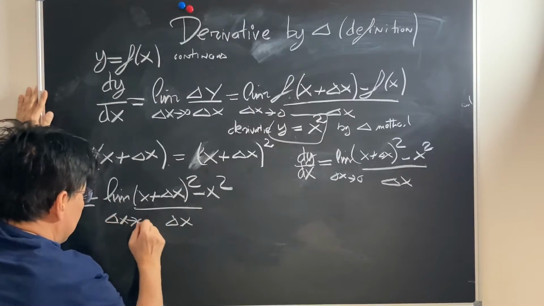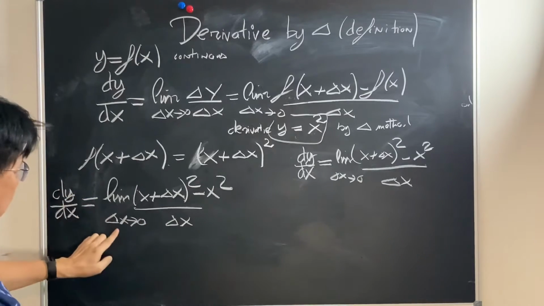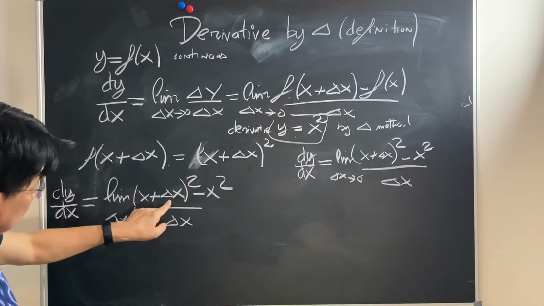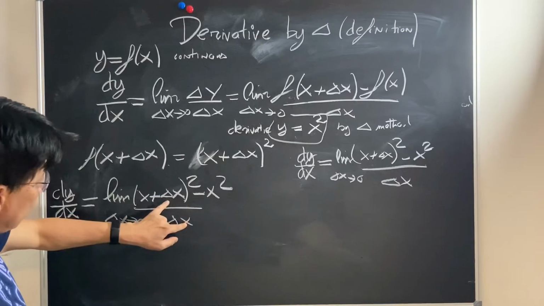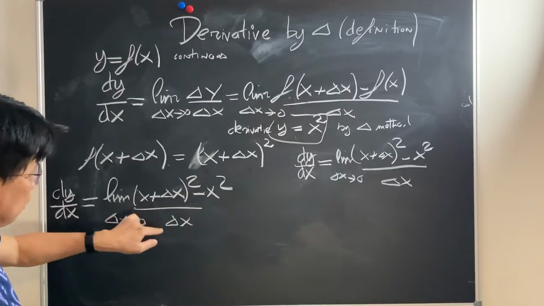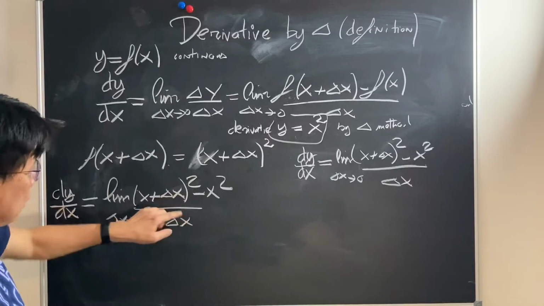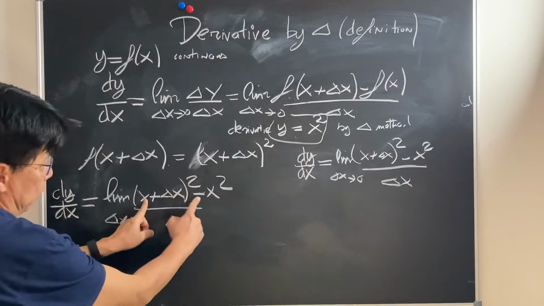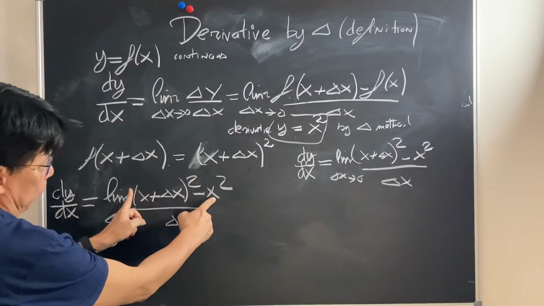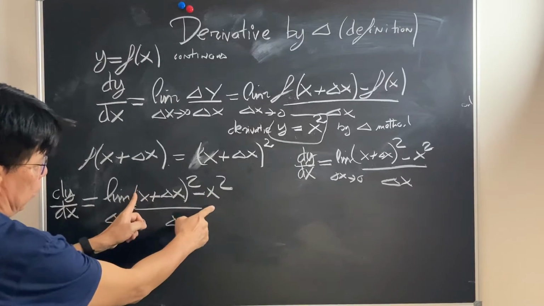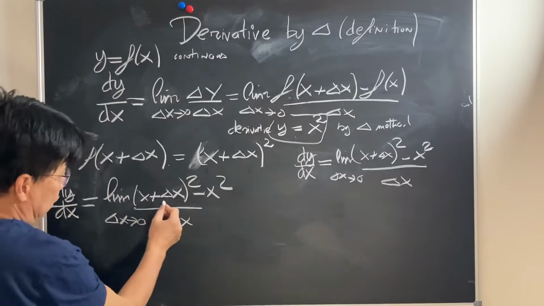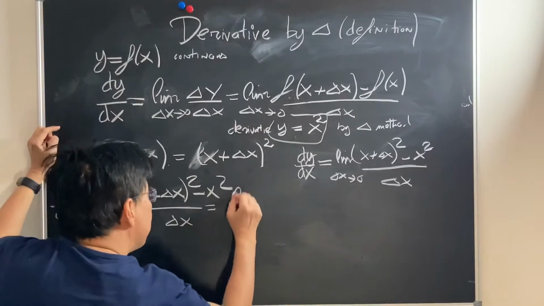If you substitute delta x equal 0 here, then we will have undefined. We cannot take the limit of this function, so we need to eliminate this delta x by simplifying the denominator.